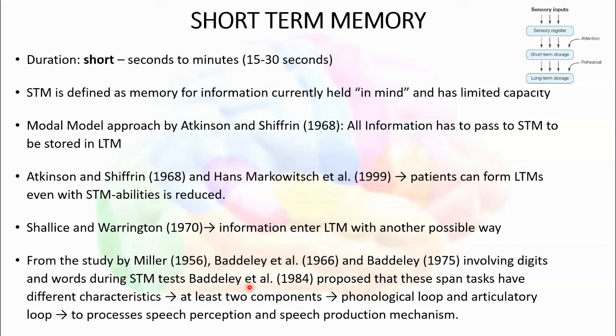However, long-term memory tests involving learning pairs of words showed that the patient could retain new long-term memories. These findings indicated that short-term memory might not be required to form long-term memory, which does not align with the model developed by Atkinson and Shiffrin in 1968.